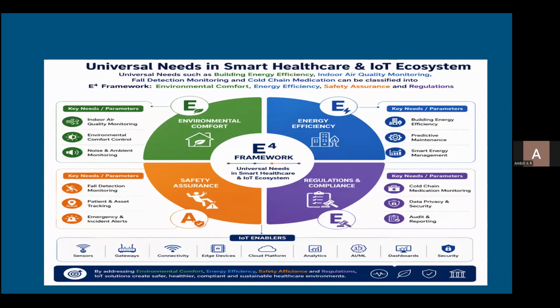The major safety application is fall detection monitoring. Falls are a major concern, particularly among elderly patients. Wearable devices and smart sensors can automatically detect falls and immediately notify the caregivers.